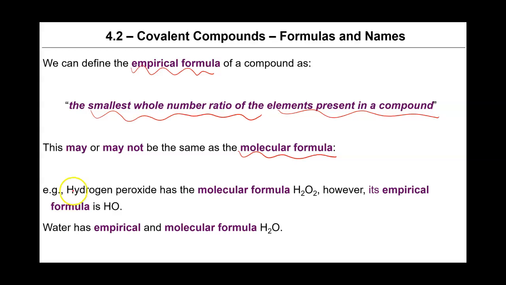For example, hydrogen peroxide has the molecular formula H2O2. However, the empirical formula for this compound is simply HO. Now, sometimes the empirical formula and the molecular formula are the same. For example, H2O, it's not possible to simplify this formula, so therefore H2O is the molecular formula as well as the empirical formula.